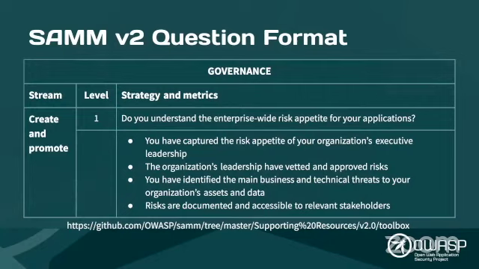So in this particular case, you understand enterprise-wide risk appetite for applications, and then below it are the quality criteria that allow you to affirmatively answer the question. So if you capture the risk appetite of your organization's executive leadership, your organization's leadership have vetted and approved risks, you've identified the main business and technical threats, and risks are documented. If you are meeting all of those criteria, then you can affirmatively answer the question.